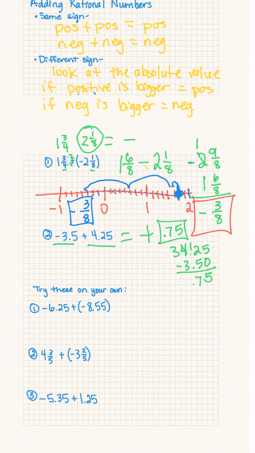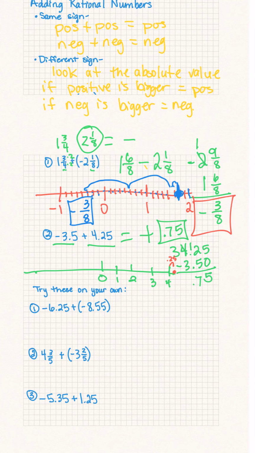If we want to think about it on a number line, draw your number line out. I guess I should be a little bit more particular with where the numbers are. But we'll try it like this. So 4.25, so this is 0.25 right here.